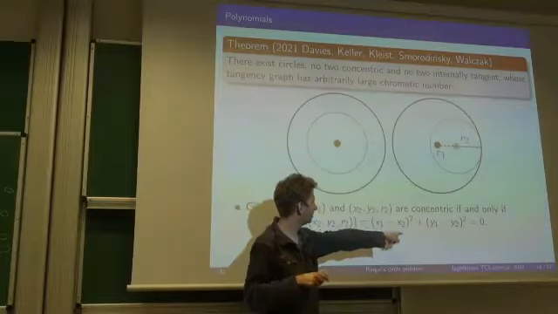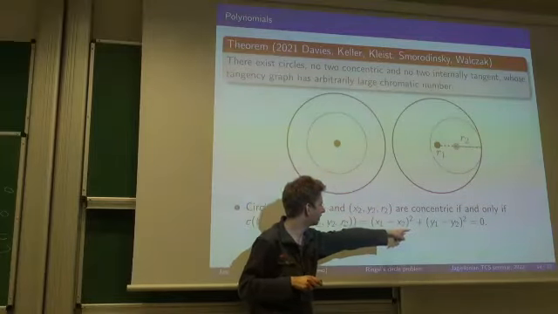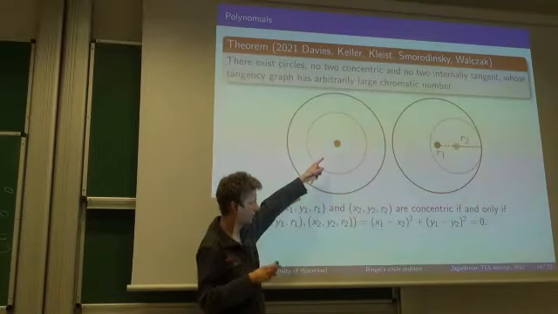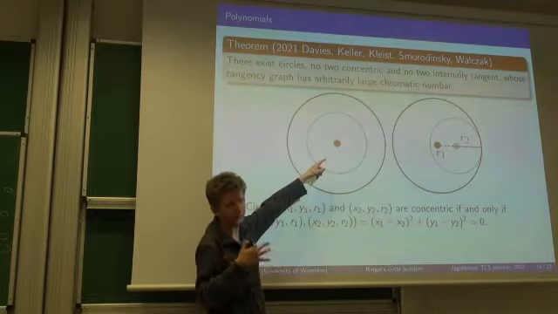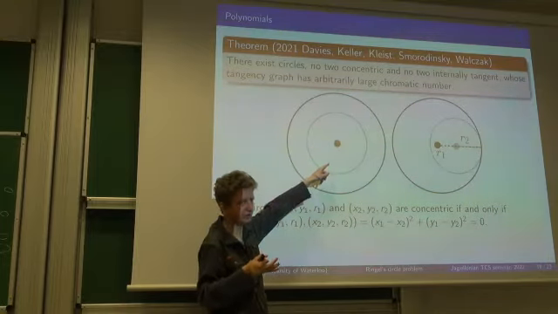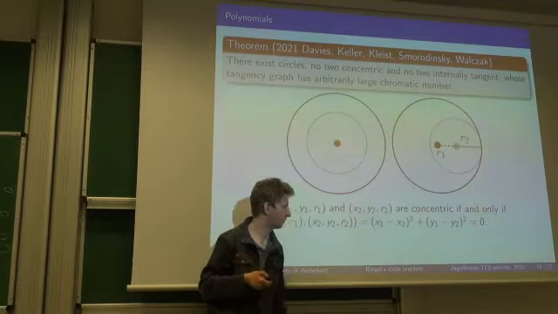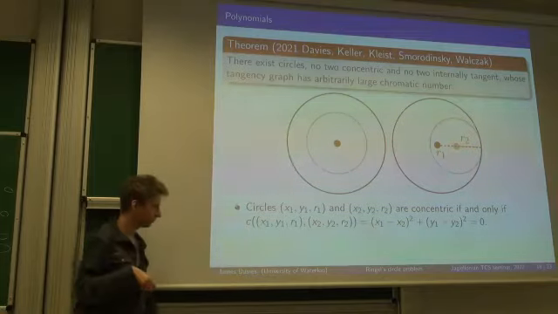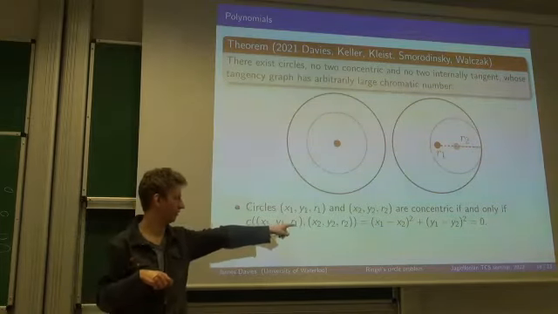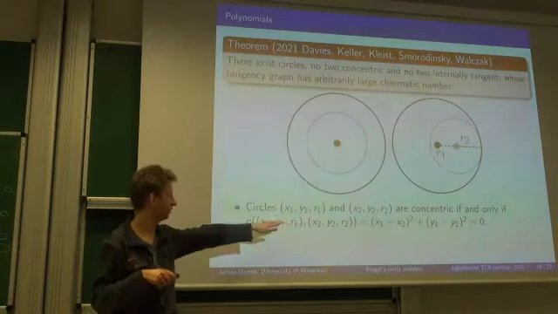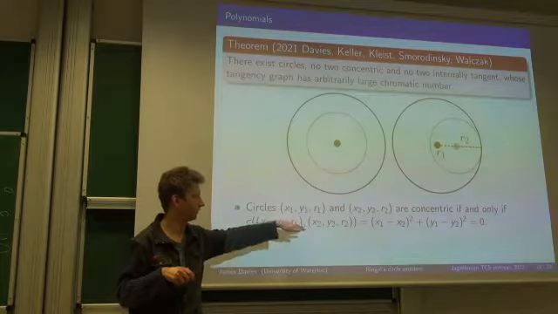All this is doing is looking at their centers, and that's all concentric means, right? If the centers are the same. So this is assessing the distance between the centers. They're concentric only when this polynomial is equal to 0 for these 2 points, the points of the circles.